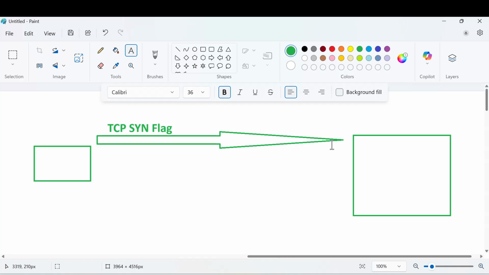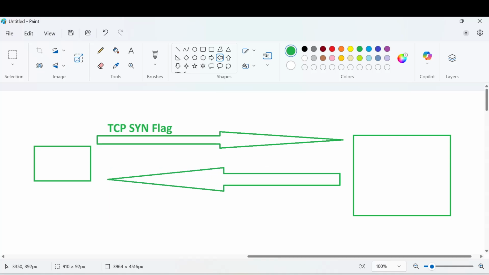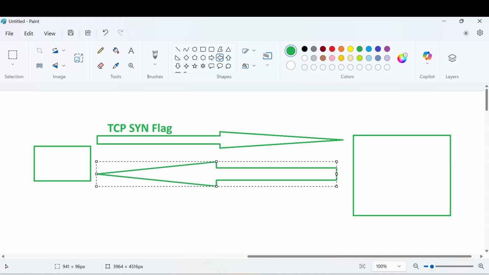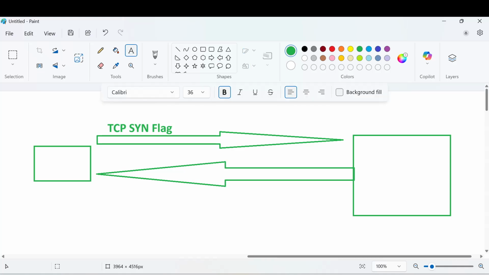Once this flag reaches the target machine, we have Metasploitable over there. In response, it is going to provide a reply, and that reply is the SYN ACK. It is providing us an acknowledgement that, buddy, I have successfully received your previously sent packet.